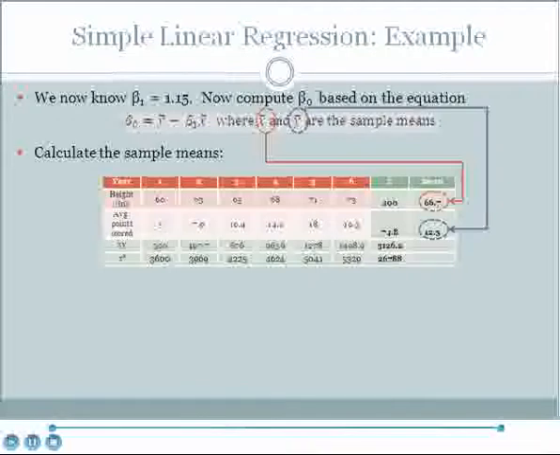Beta 0 is equal to the average of the y values minus beta 1 times the average of the x values. So calculate the average of the x values, which is 66.7, and the average of the y values, which is 12.5.